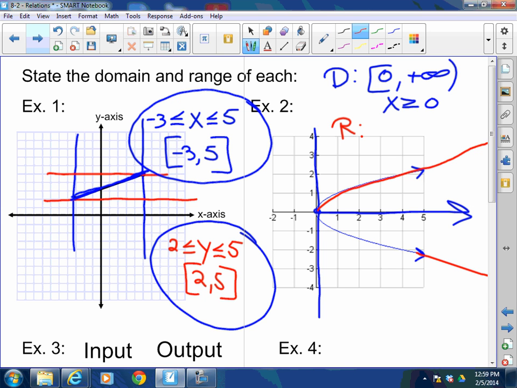So what do you think the range would be? Negative infinity to positive infinity, because it is going to have all of the y values eventually. And I'll prove it. When y is 0, there's a point. When y is negative 1, there's a point. When y is negative 1.5, there's a point. When y is negative 1.75, there's a point. When y is negative 2, there's a point, etc.